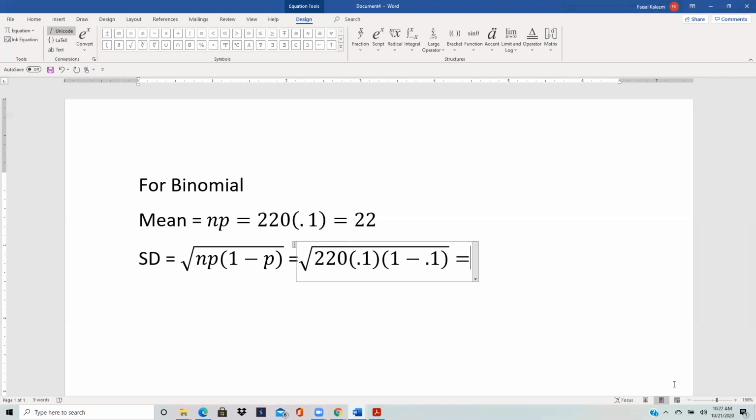So let's see. Tell me what you are keying in. Well, I was trying to do your numbers, and I'm not sure if I had the right ones. Well, yeah, my numbers were 220 and 10%.